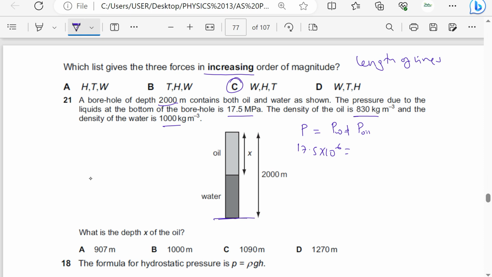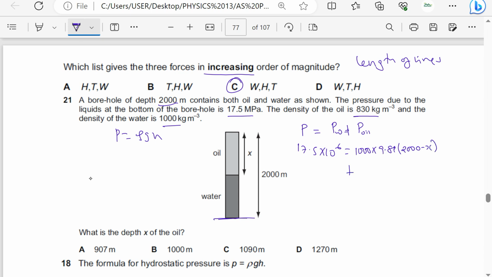The pressure due to the water is the density of water, which is 1000, times g, which is 9.81, because pressure is density times g times h, times the height of water, which is 200 minus x.